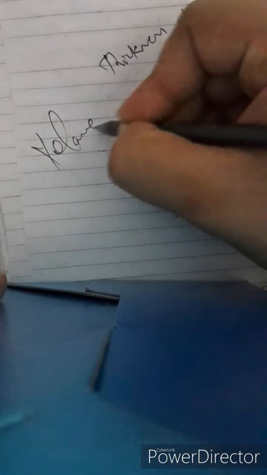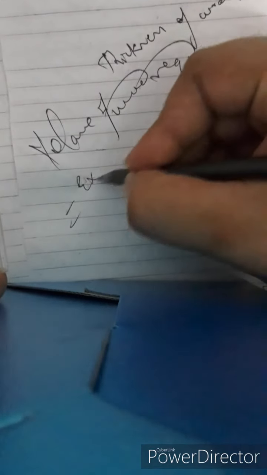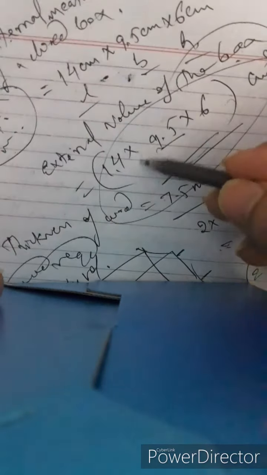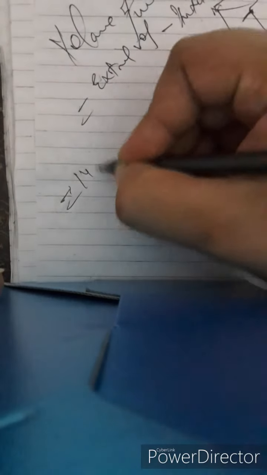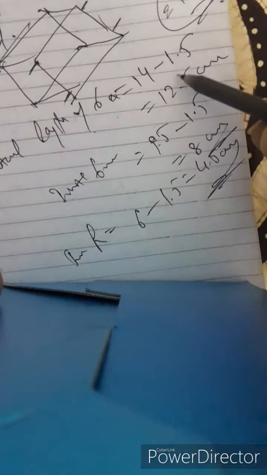So the volume of wood required becomes equal to external volume minus internal volume. The external volume we found is 14 into 9.5 into 6, and the internal volume is 12.5 into 8 into 4.5.